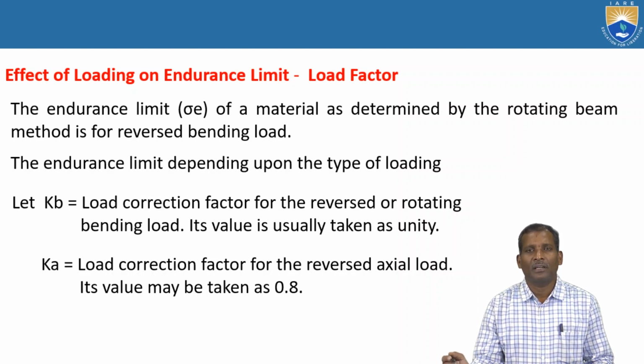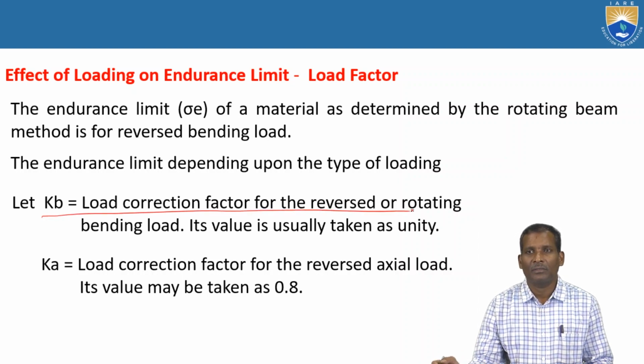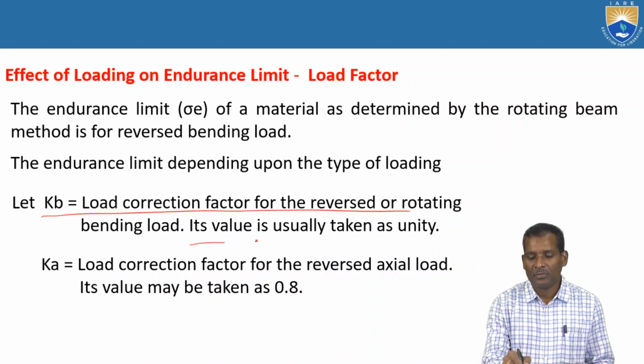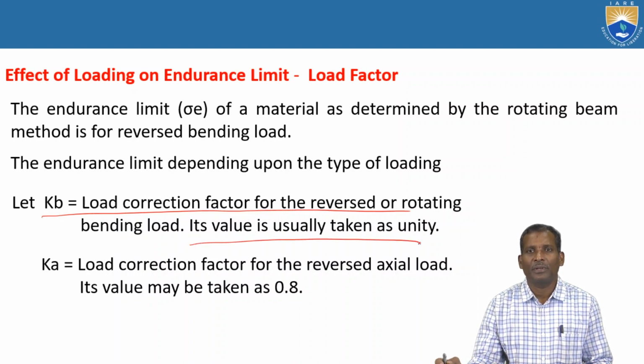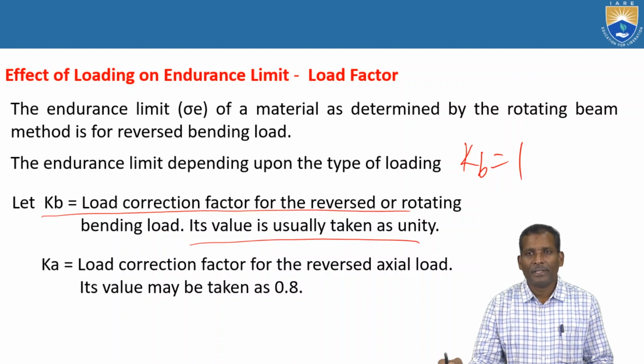Let us take Kb here, the load correction factor for the reversed or rotating bending load. Its value is usually taken as unity, so always you should take Kb equal to 1. And the load correction factor for reversed axial loads: suppose the member is subjected to reversed axial loads.